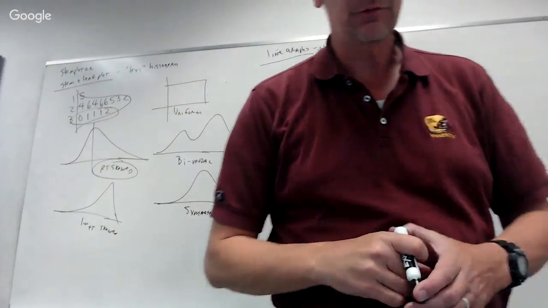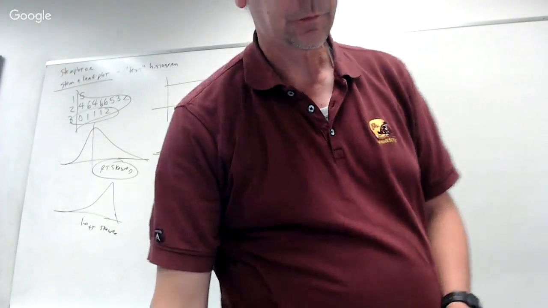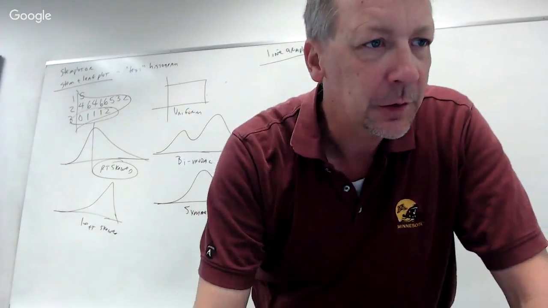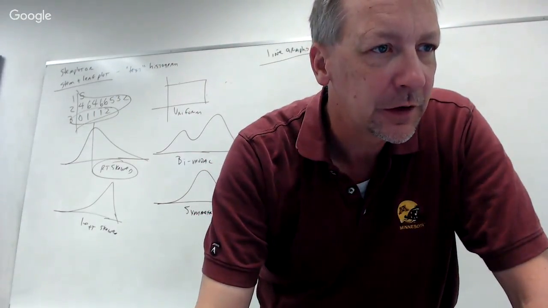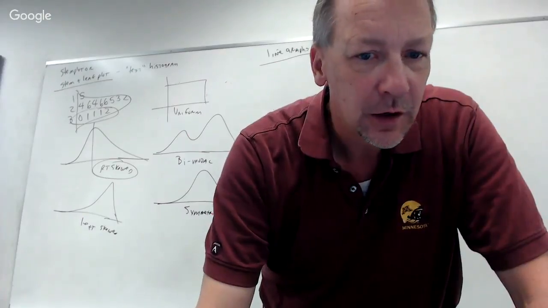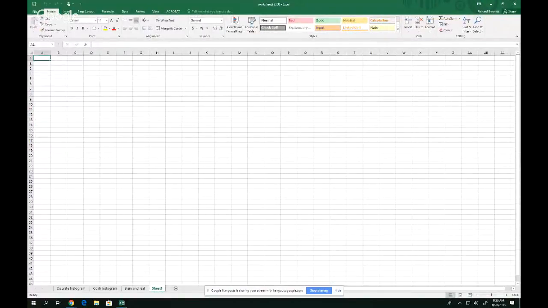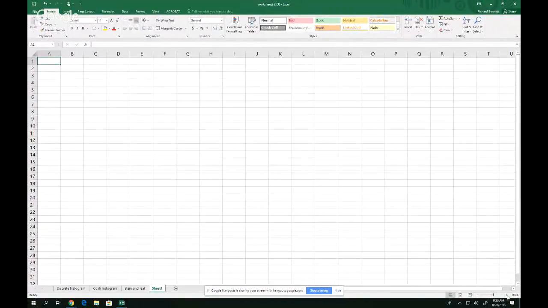All right, so let's go back to, can you see that? Ooh, yeah, you can. All right, let's go back to the spreadsheet for a moment. I'm going to open up a new tab here. And let's say that I wanted to track milk prices.